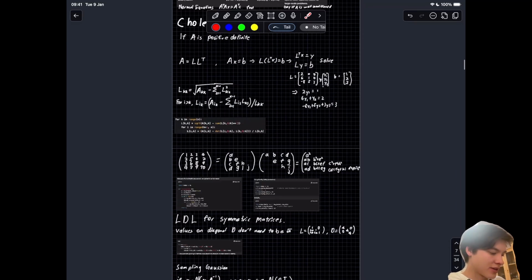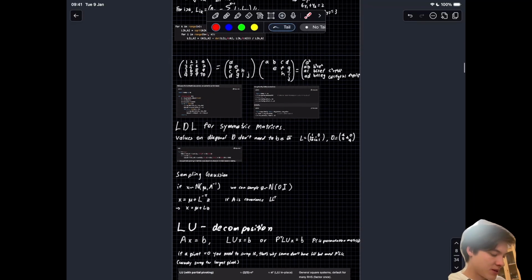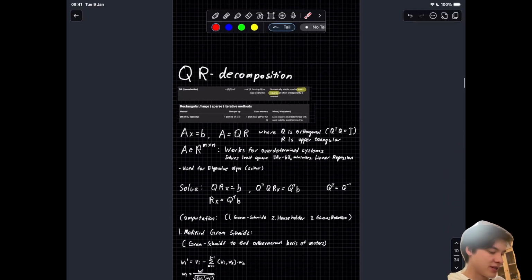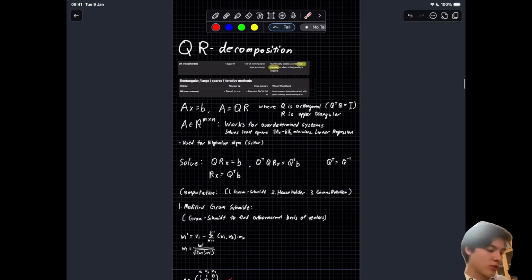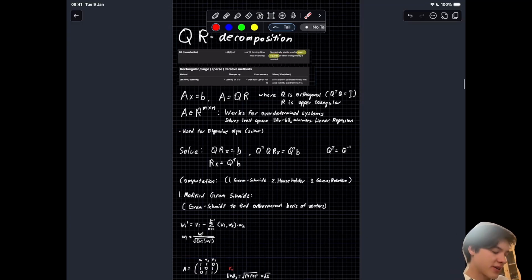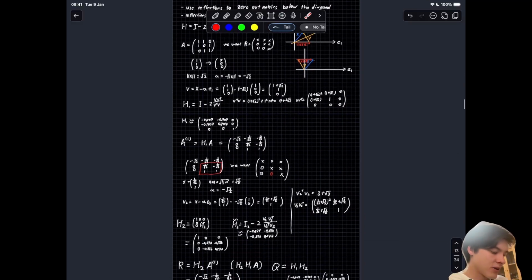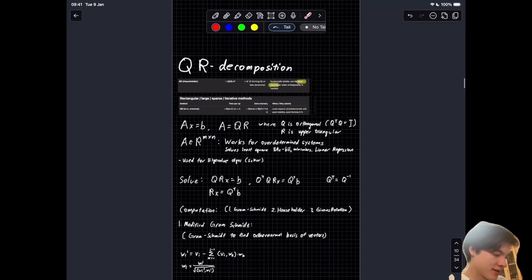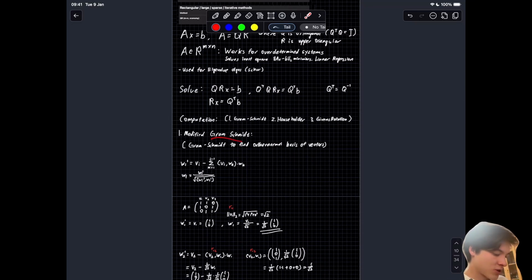Cholesky for positive definite symmetric matrices, LU decomposition for square matrices, QR decomposition if we want it to be numerically stable, and also for rectangular matrices via the Householder, Givens rotation, and Gram-Schmidt.